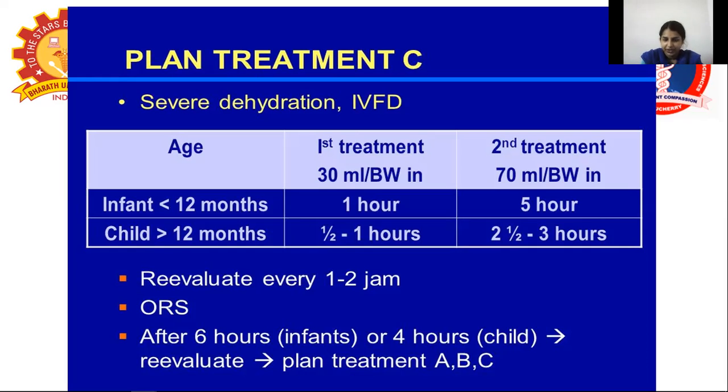So the total duration for the whole 100 ml per kg is around 6 hours in infants less than 12 months, and about 3 hours in children more than 1 year.